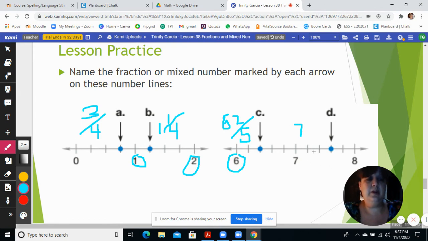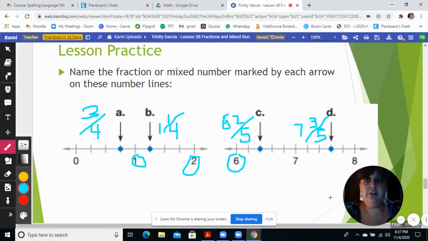So we have to count 1, 2, 3, 4, 5 again. 5 spaces on the bottom. That's how it should be because this is a number line, so they should be equal distance apart. And then we're going to count our spaces till we get to the blue dot. 1, 2, 3. So we know that 3/5 is what's here.